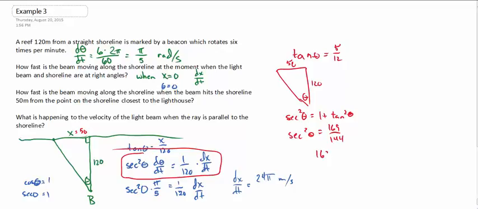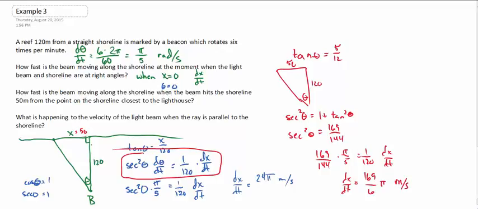We have 169 over 144 times pi over 5, that's our d theta dt, equals 1 over 120 dx dt, and we get dx dt is equal to 169 over 6 pi meters per second.